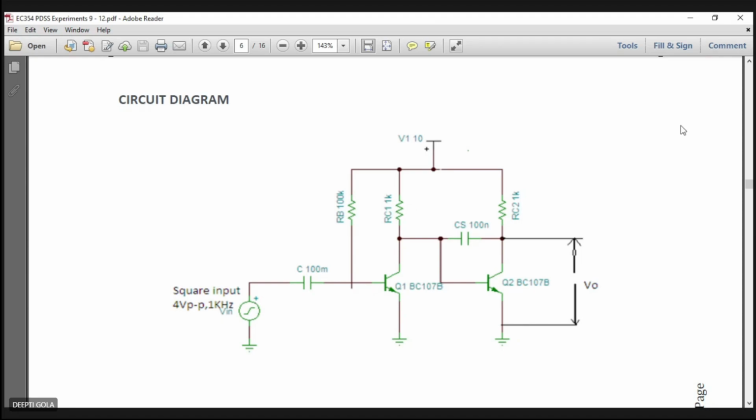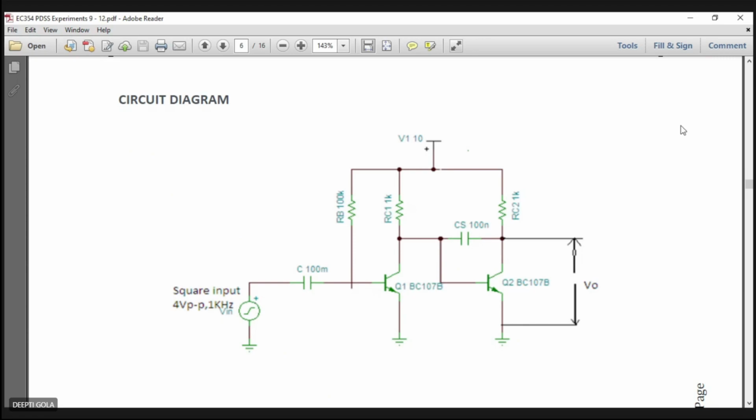The emitter base junction of Q1 is reverse biased when we apply a negative pulse at the input of Q1, so it turns off. Now Q2 tries to turn on. As the transistor Q2 starts conducting, the output voltage will start to decrease.